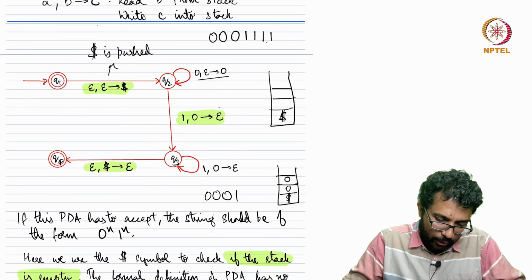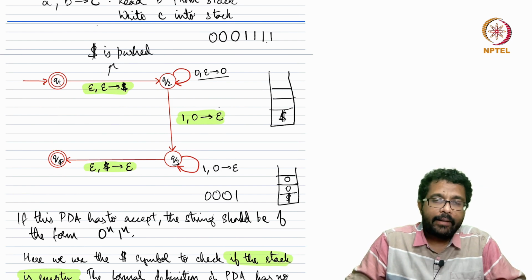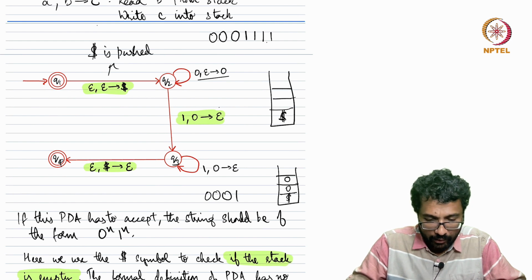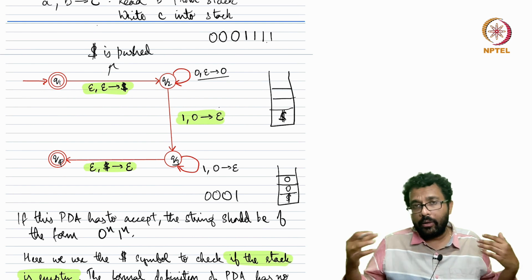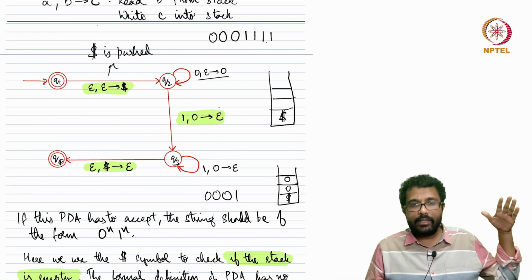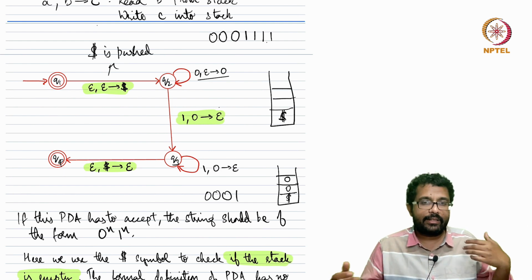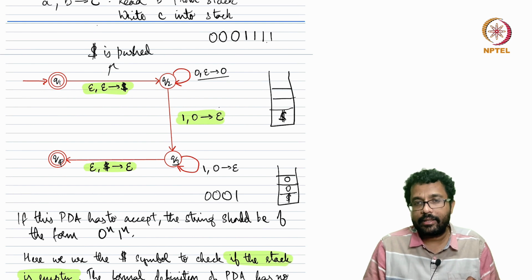Before that, I just want to mention that we are really using the fact that the stack can be potentially unbounded. Because 0 power n, 1 power n, however big the n is, we can push that many zeros into the stack, because the stack does not have a bound. So that is why the stack has to be really unbounded.